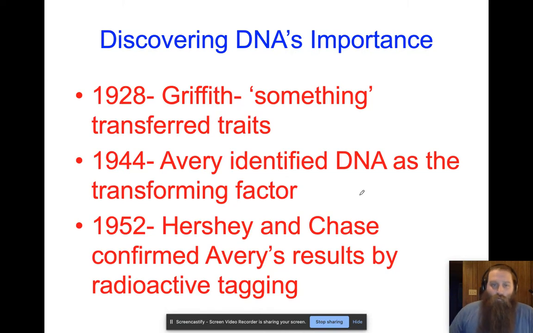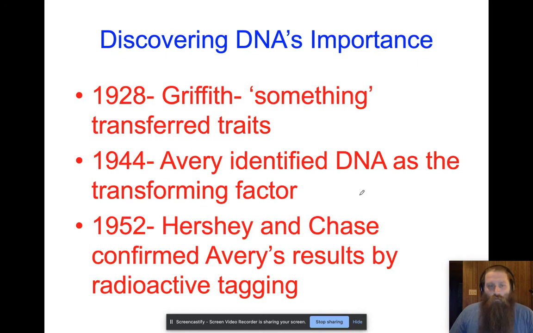Now, a little bit of history for you. In 1928, a guy by the name of Griffith established that something was transferring traits from parent to son, parent to daughter, whatever. We know from Gregor Mendel that it had already been established that genes were the vehicle of those traits. That's how the traits were transferred. But they didn't actually know what the molecule was.